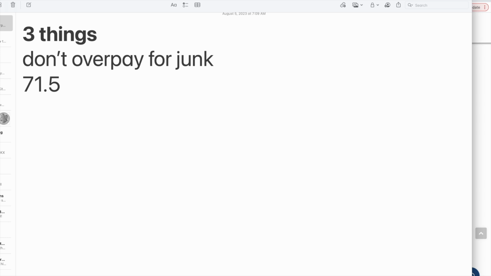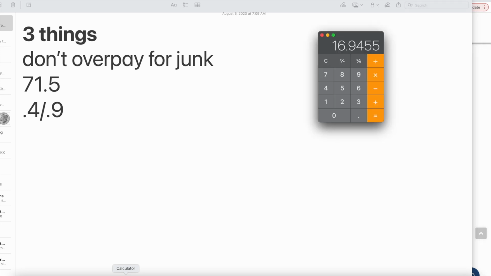If we take 0.4 and divide that by 0.9, you don't really have to follow this, but I want to give you the conversion factor. 0.4 divided by 0.9 equals 0.444. All right?